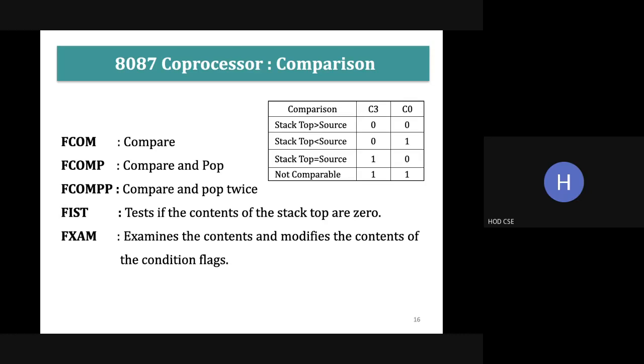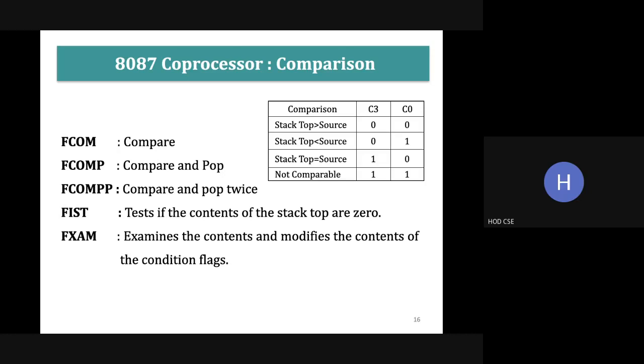For comparison, the subtraction operation will be performed. Keep in mind, the subtraction operation is performed, and according to the output the condition flag bits will be set. If the top of the stack is greater than the source, it will be 0, 0. If the top of the stack is less than the source, it will be 0, 1.